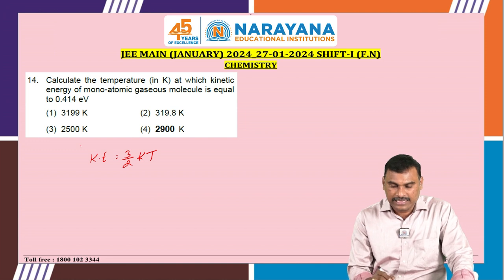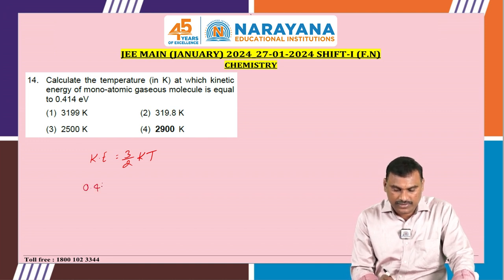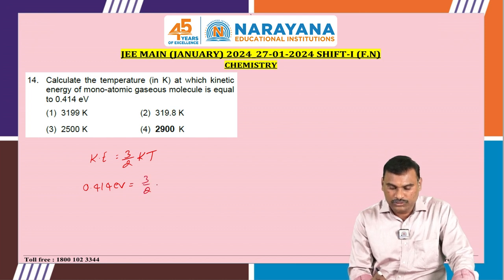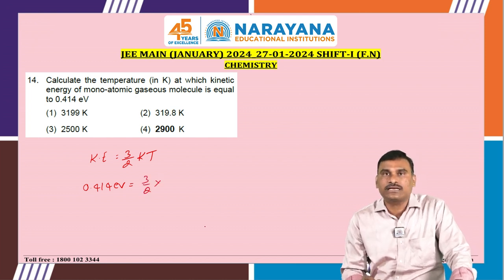Kinetic energy they have given as 0.414 electron volt. You have to change that into joules, multiplying by 1.602 into 10 to the power minus 19 coulombs, and 3/2 K, that is called the Boltzmann constant.